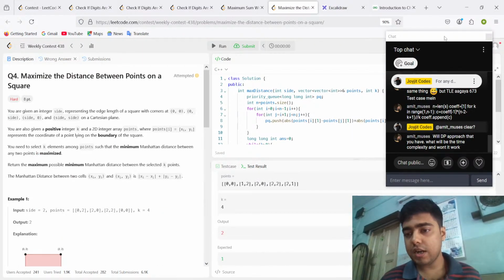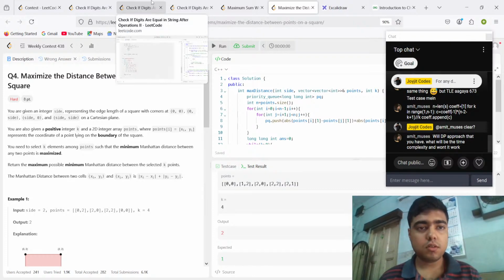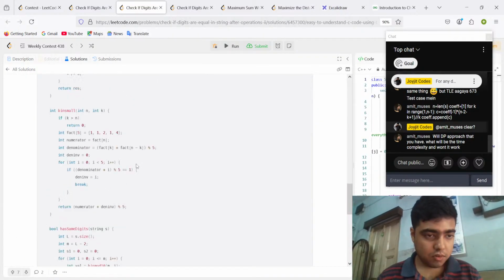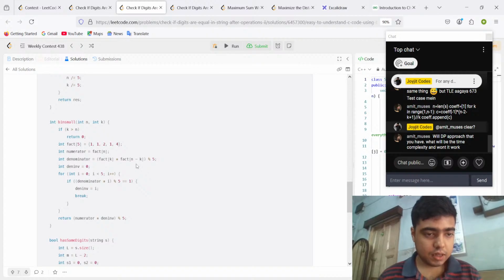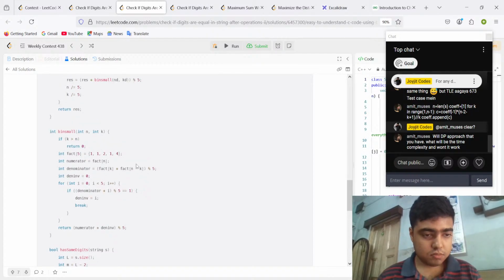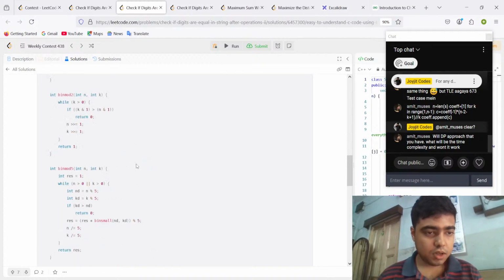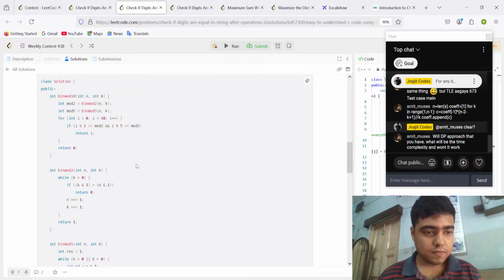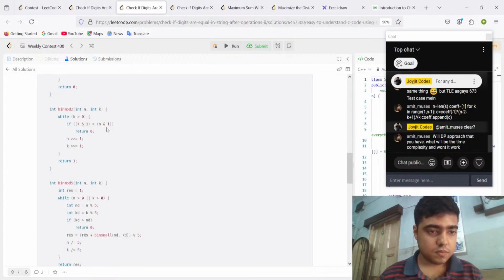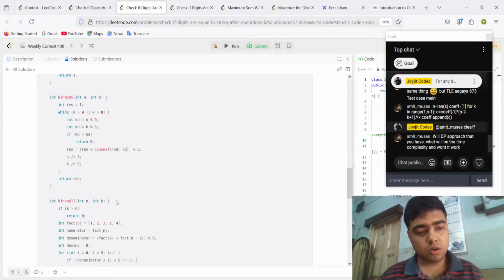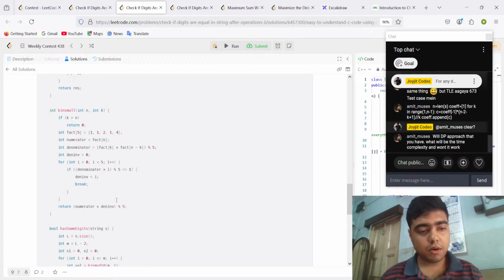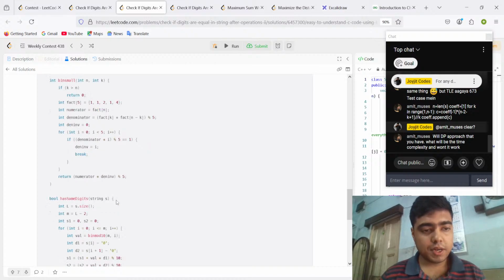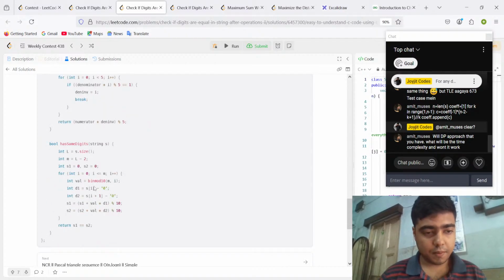Will the DP approach that you have work, in terms of time complexity? What he has done over here is he has also done a little bit of DP only, but I think he's more concerned about this bin mod thing.